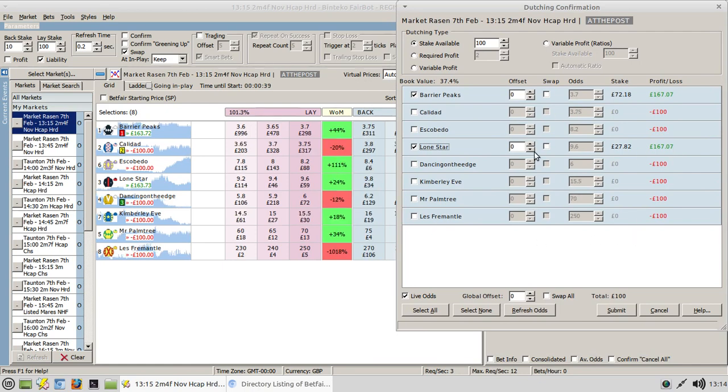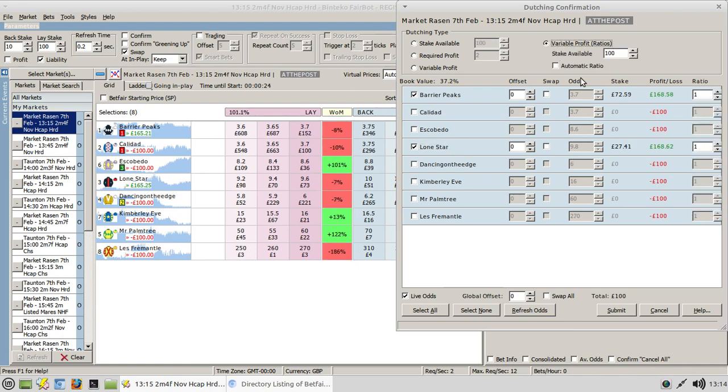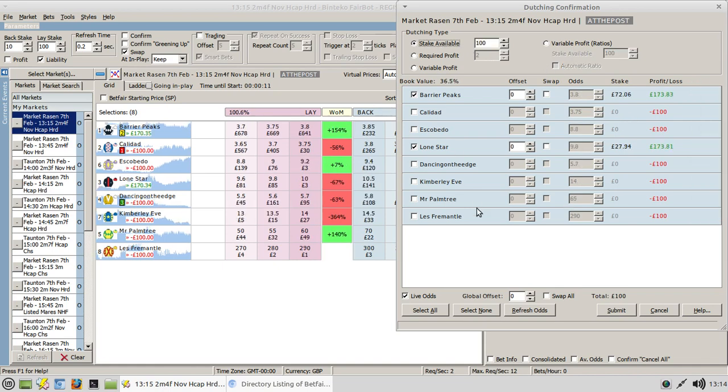And keeping in mind what I've said in the past, if you have particularly large gaps between the odds of your runners, you might want to think about using the variable profit option here, but it wouldn't necessarily be something I'd look at in this particular race. It's only if the gap is really quite large that I would think about doing it.